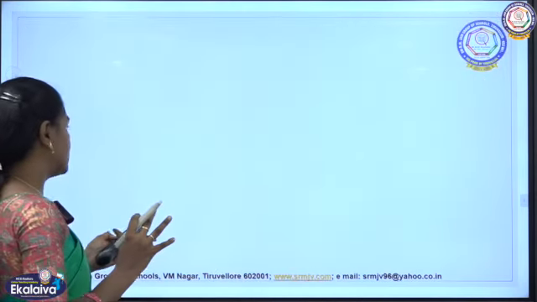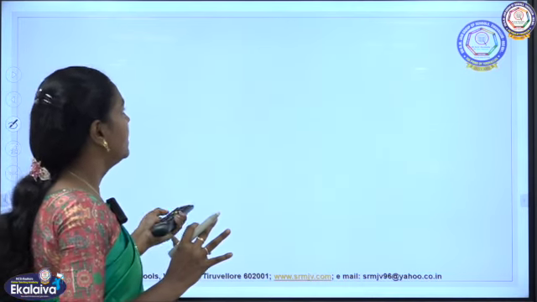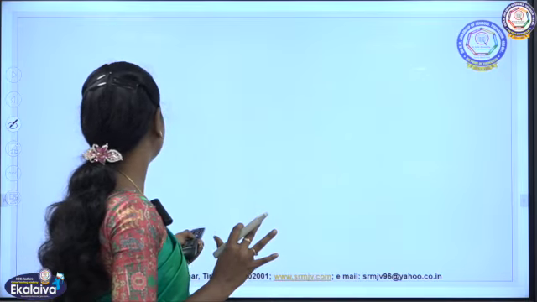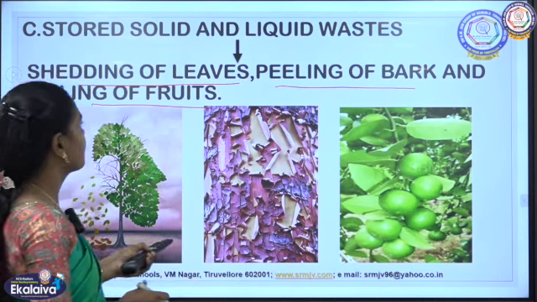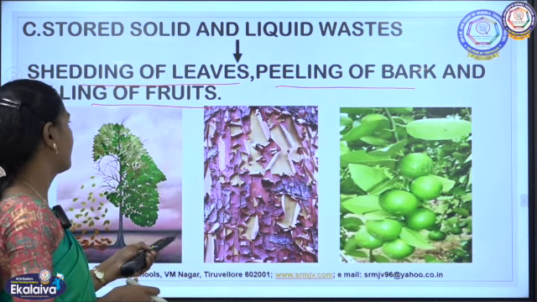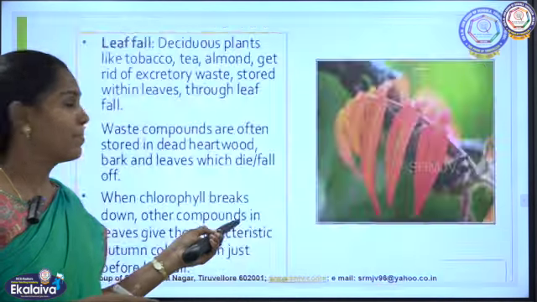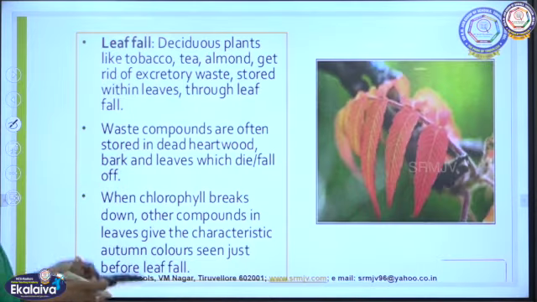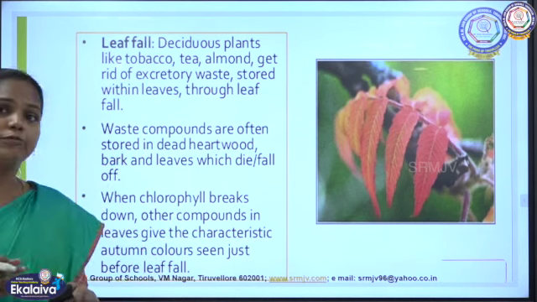You can see before the autumn, there will be a change in the color of the plants, due to the breaking down of chlorophyll.